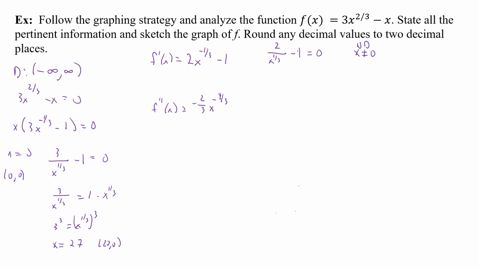Now, if I solve this and pull the 1 over here, then I'll end up with 2 equals x to the 1/3, because I'm going to take the 1 over, it becomes a 1, multiply by x to the 1/3, so I'll have 2 equals x to the 1/3, and then I'm going to do the same thing I did over here. I'm going to cube both of those, and then I'll have x is equal to what? 8.